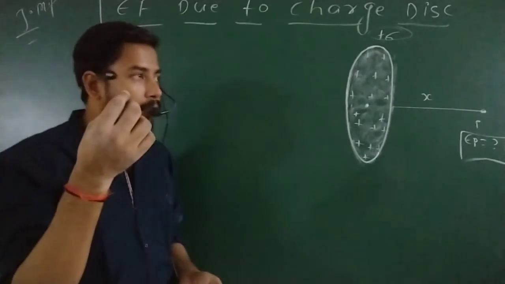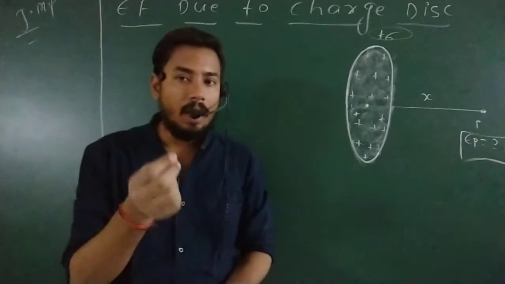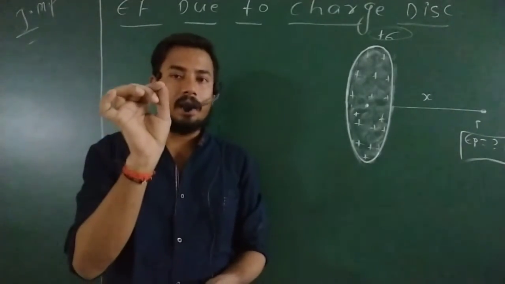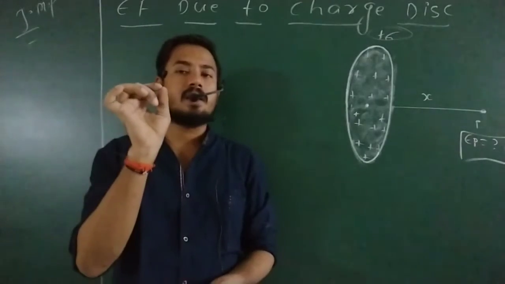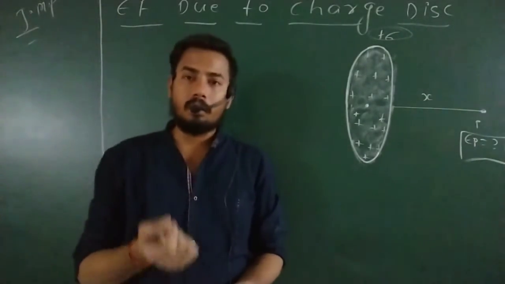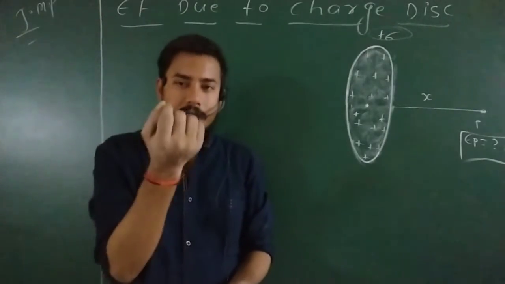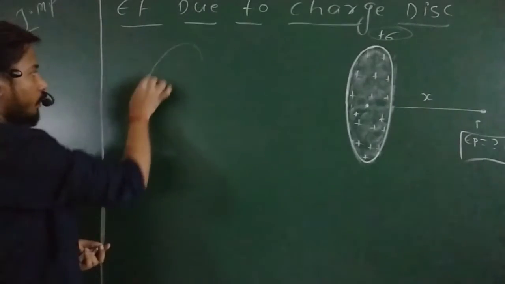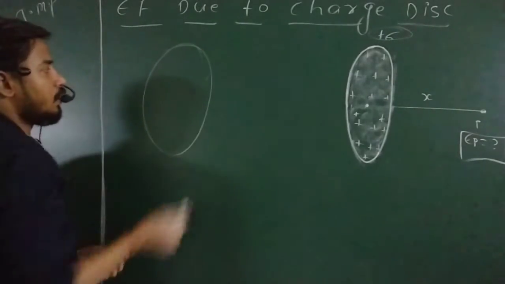One perfect example of a disk is a slice of onion. A slice of onion is just like a perfect disk. Now I will give you one short trick. Suppose this is a slice of onion.